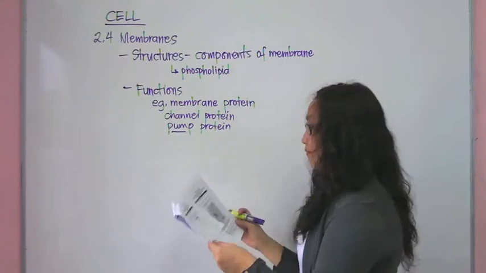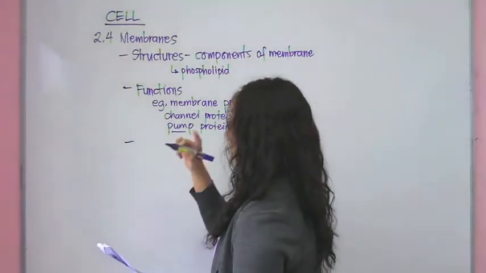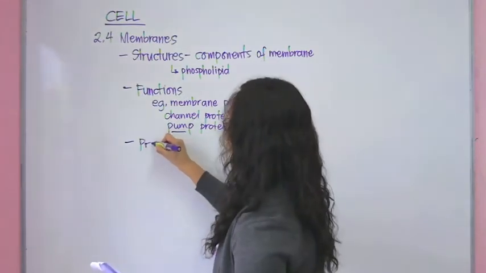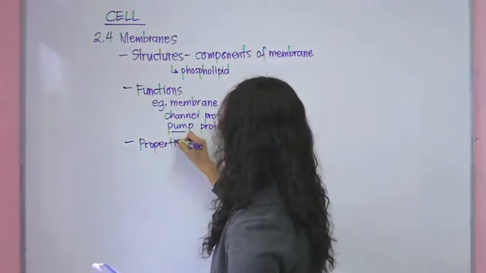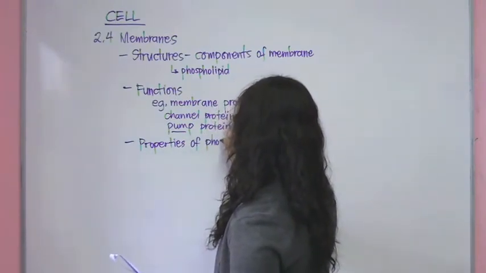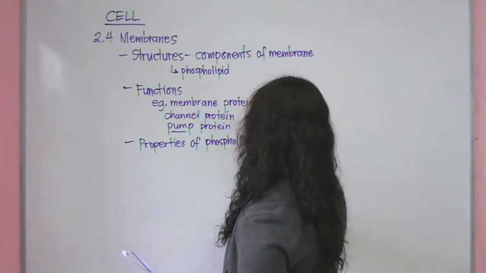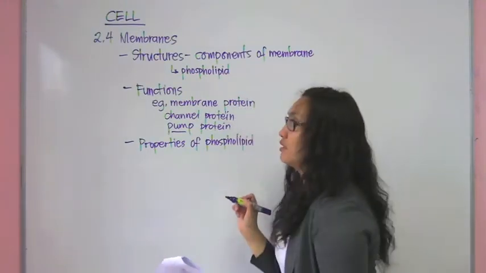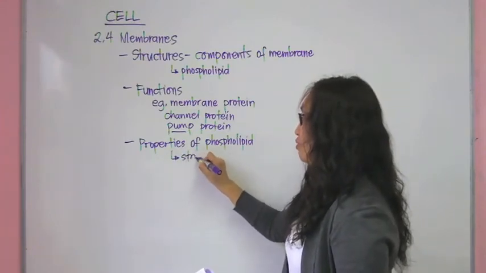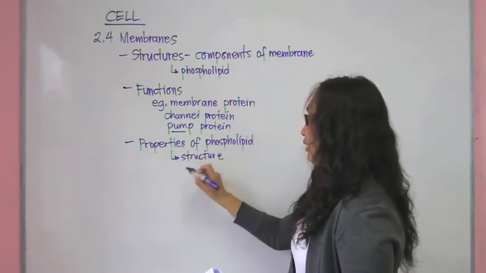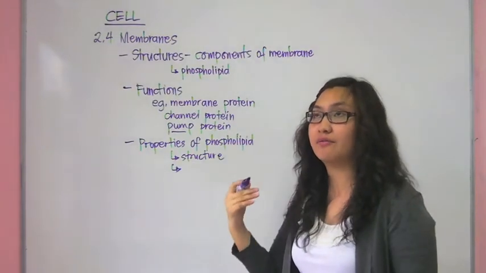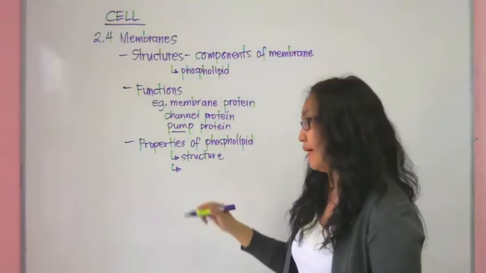Another thing that we need to take note of is the properties of phospholipids. Okay, as I mentioned a while ago, by discussing the chemical structure of phospholipids, we will be able to pinpoint the reason why the phospholipids are hydrophilic and hydrophobic.